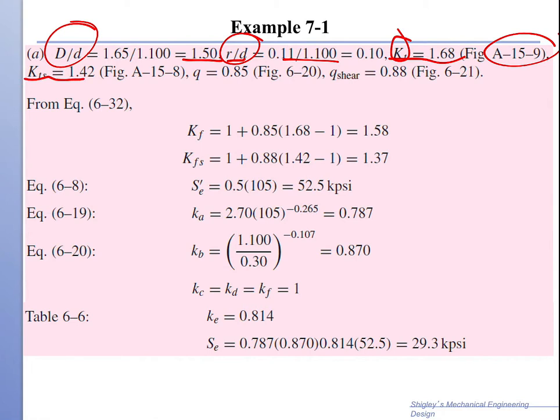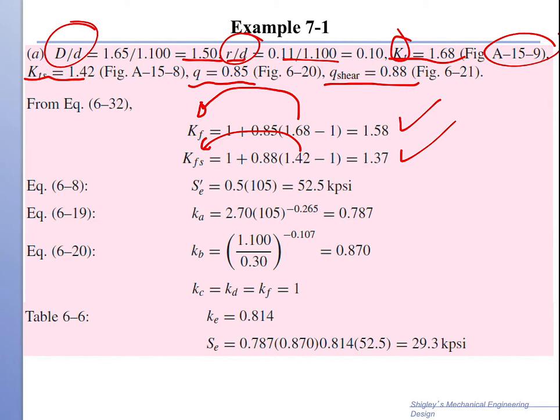And now I can find the notch sensitivity factor for axial loading and the notch sensitivity factor for shear loading, and then make the corrections with the notch sensitivity factors to convert the static to fatigue, and I'm ready now to amplify the nominal loads with these two factors.